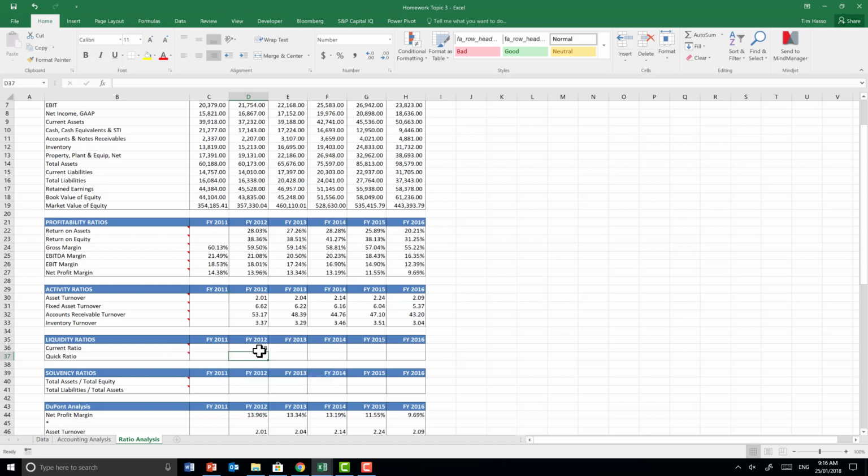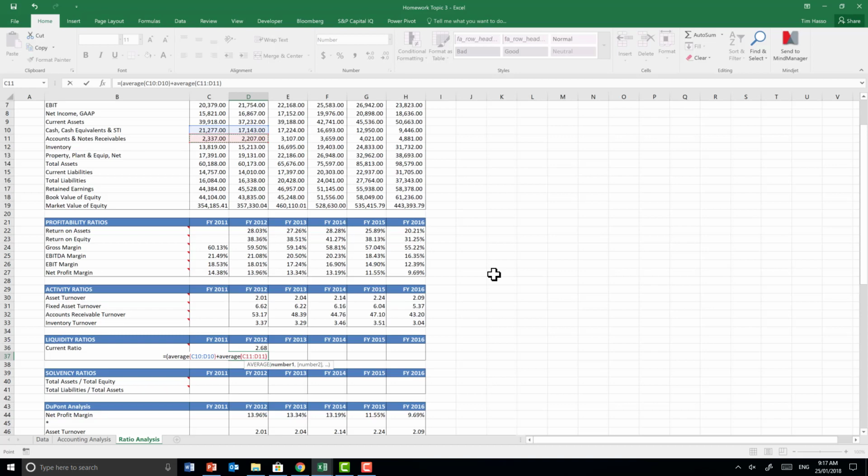So in this case, you put an equal sign, then you need to open up a bracket. You type in average, open up a bracket, cash and cash equivalents is in row 10. Close that bracket. Then you want to add another average, open up a bracket, and in this case we're looking at the accounts and notes receivable, which is in row 11.